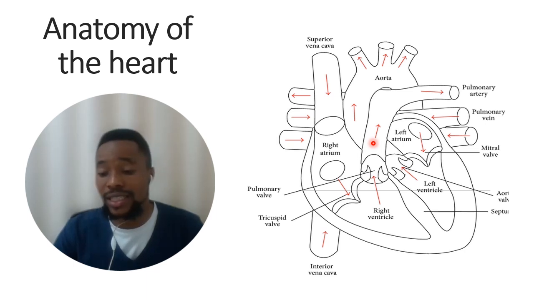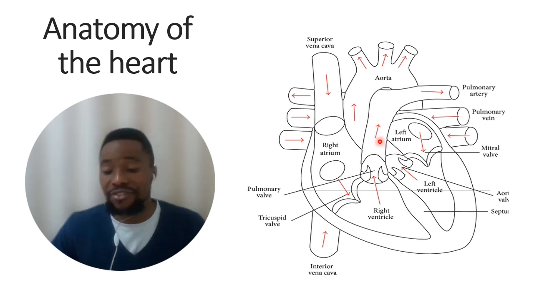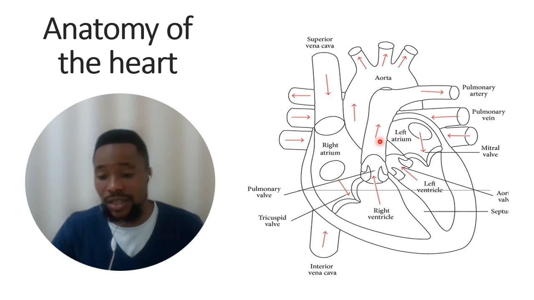They call it an interatrial septal defect, ASD. So you can have VSD as well. You can also have a very tiny hole called patent foramen ovale, PFO, in your interatrial septum. Now, those are the defects. The essence of the septum is to prevent blood from the right going to the left, or from the left going to the right, vice versa.